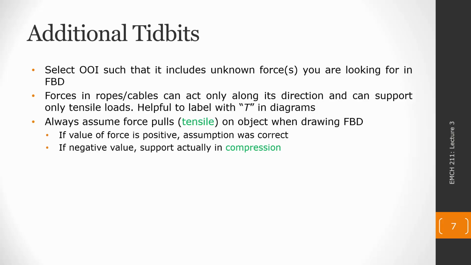We're going to see in these examples that even though some assumptions are going to be wrong, as long as we make those assumptions consistently, the math is going to work out in the end, and we're going to know how to correct it.